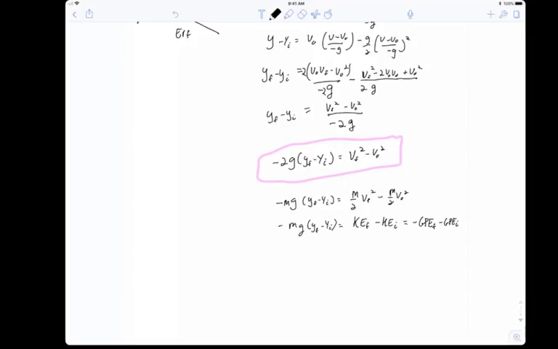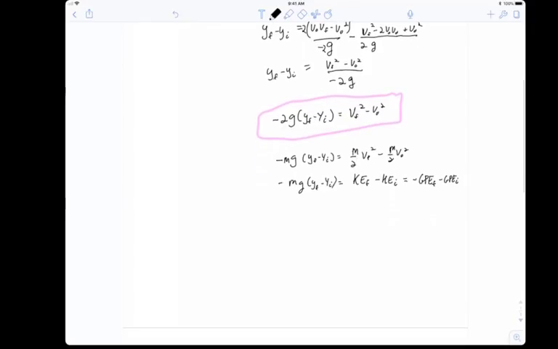Okay. So the result is, this becomes mg delta y, the change in height, is equal to minus the change in the gravitational potential energy, or mg delta y is equal to the change in the gravitational potential energy.